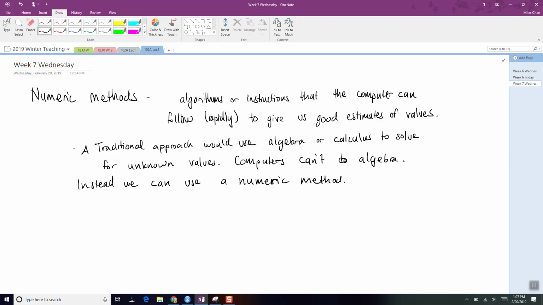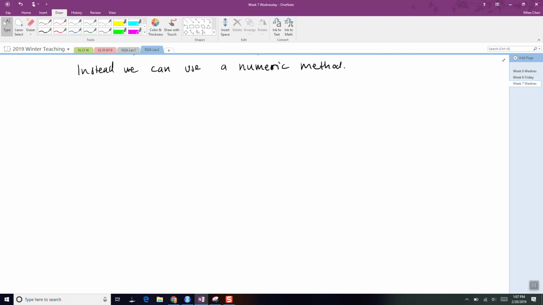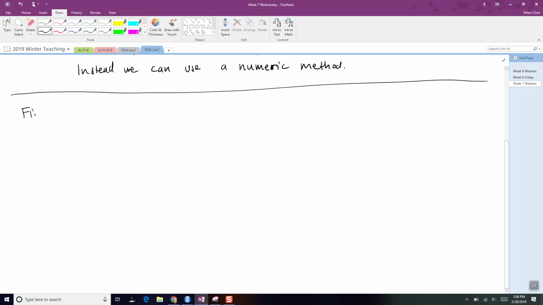Our first set of numeric methods is going to be what we call root finding algorithms, or root finding methods.